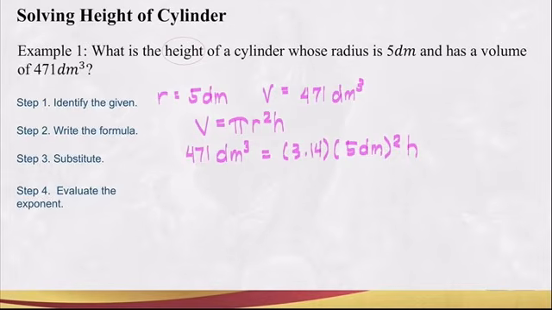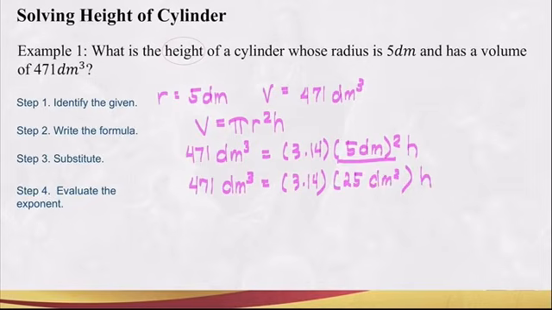Step number 4 is to evaluate the exponent. So, ito muna yung isosolve natin. 471 cubic decimeter. Write lang natin yung ibang numbers. So, 5 times 5 is 25 dm squared h. Step number 5 is multiply.